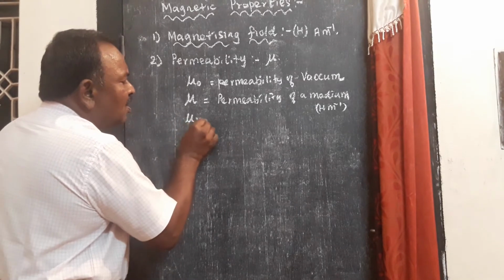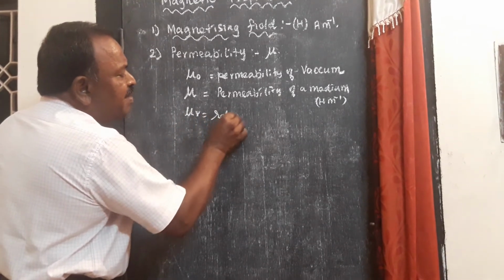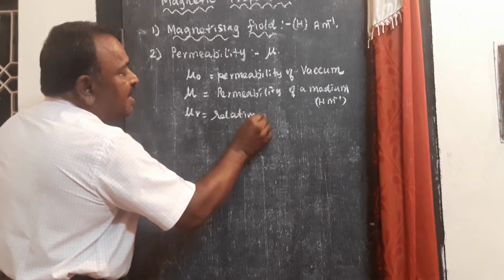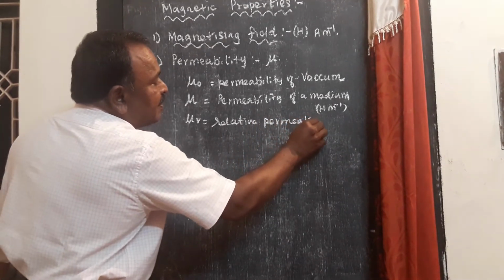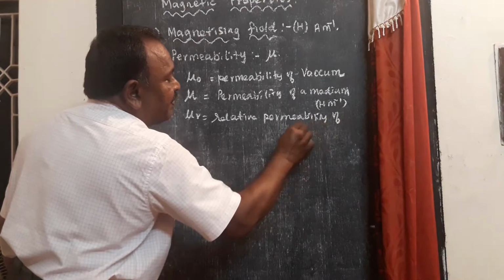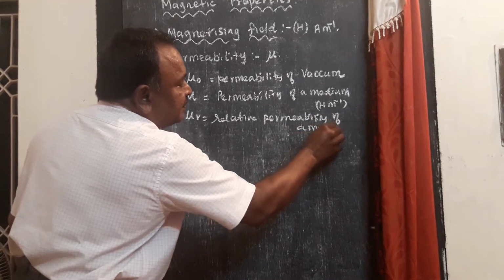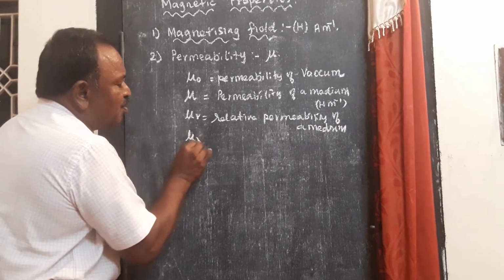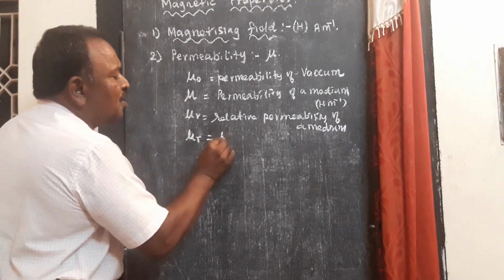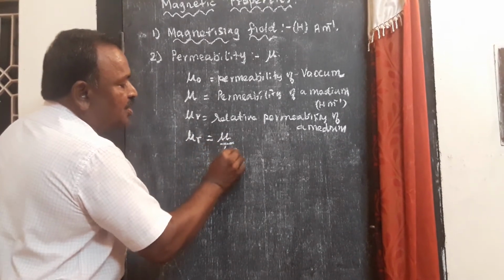Mu r is called the relative permeability of a medium. It has no unit and it is given by mu r is equal to mu by mu naught.